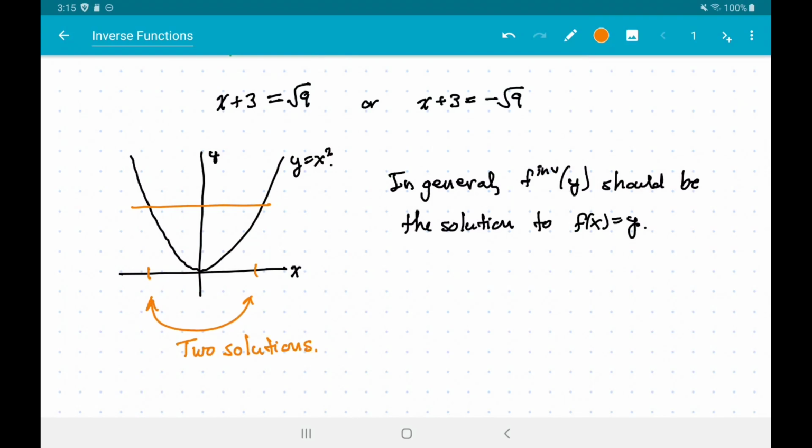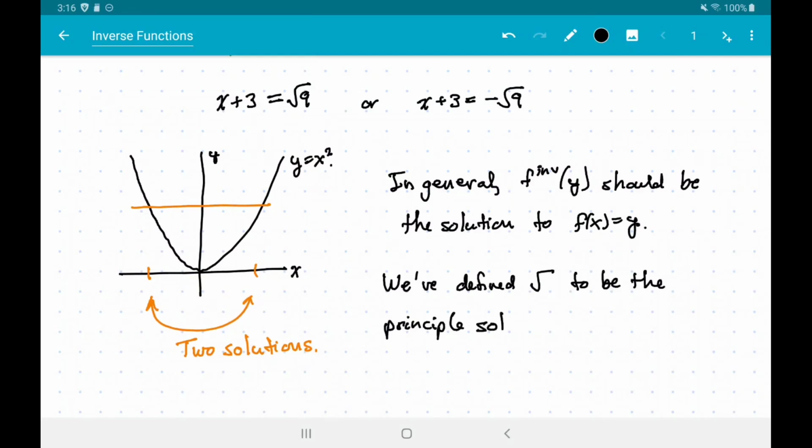So for the square root, we've defined the square root to be the principal solution to, and let me put this here, square root of y to x squared equals y.